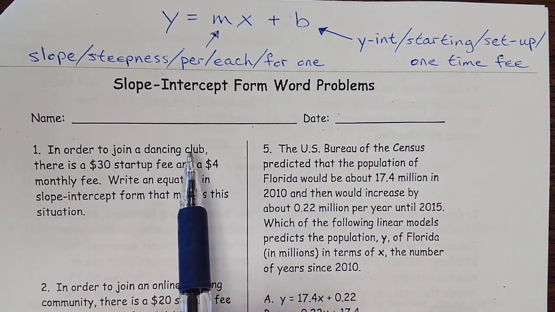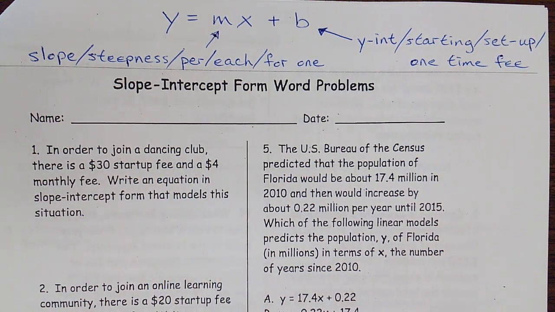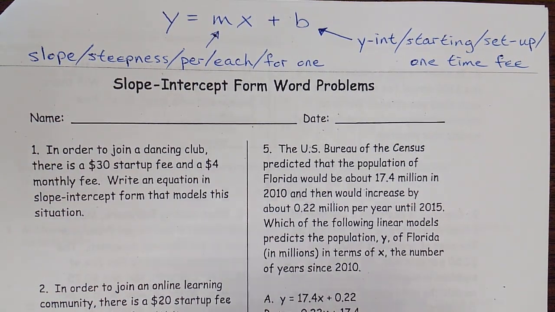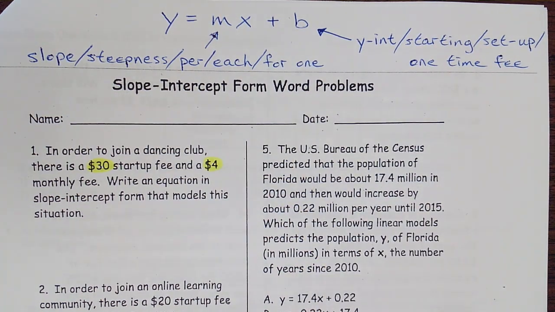In order to join a dancing club, there's a $30 startup fee and a $4 monthly fee. Write the equation in slope-intercept form. So what is the 30 and what is the 4? Which one is m? Which one is b? Yeah. b is 30.